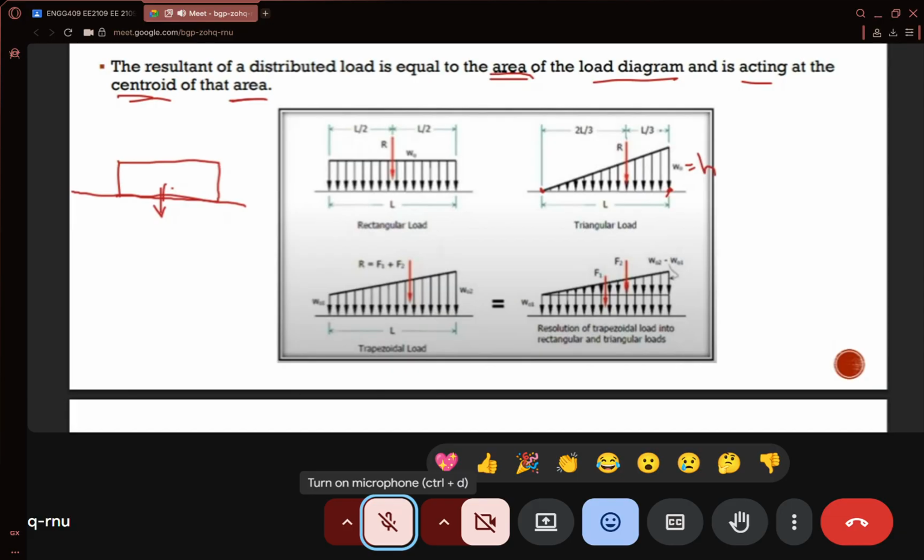So this position from here is 1/3 of the length. Or it can also be 2/3 of the length from the lowest point of the height, which is on the other side, or near one of the vertices of the triangle.